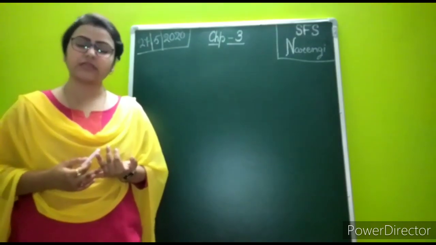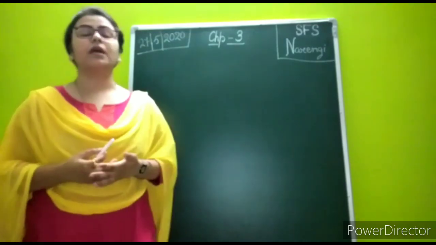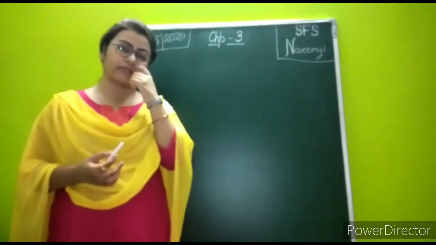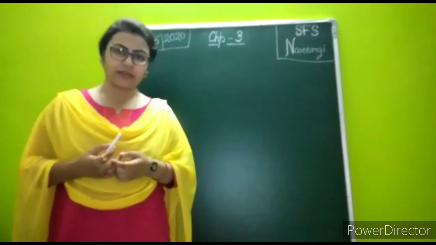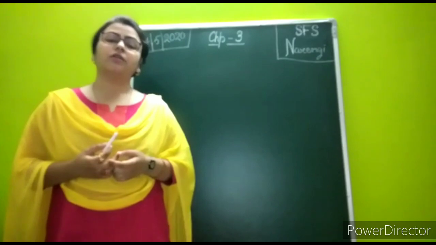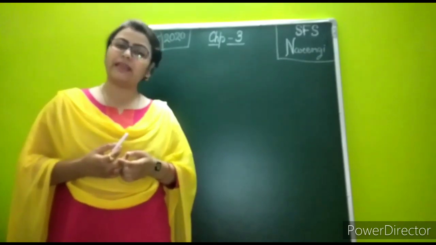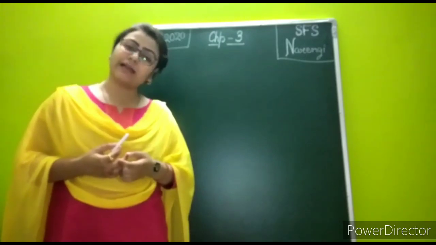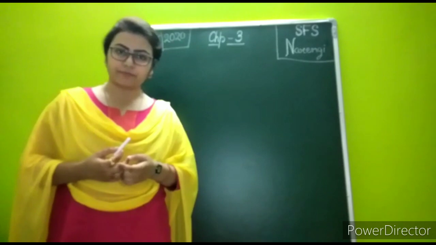Divisibility rules of numbers. And yesterday during the class, while we were doing numbers 6 and 7 of exercise 3.4, we learned two more divisibility rules, right? Those are: if a number is divisible by any other number, then it will be divisible by all the factors of that number.